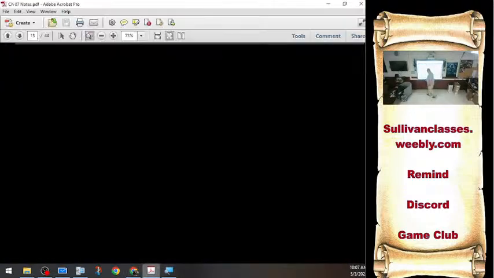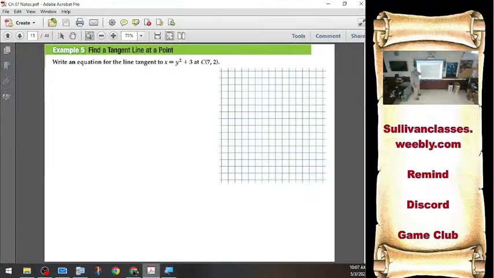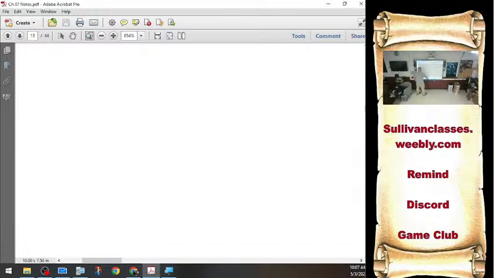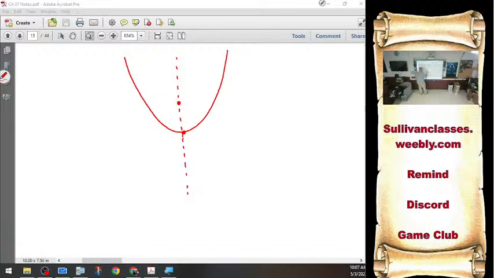Then we left off with our line of tangency problems. Remember that distance that we just found? Okay, if I have any contained point, this distance is the same as this distance.